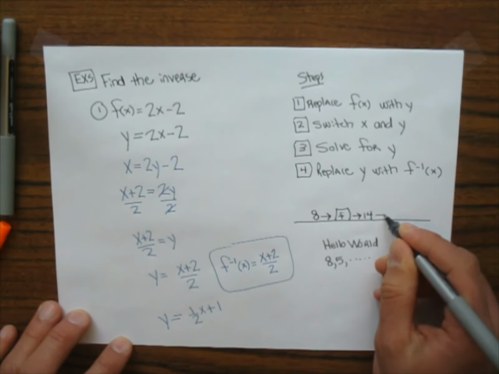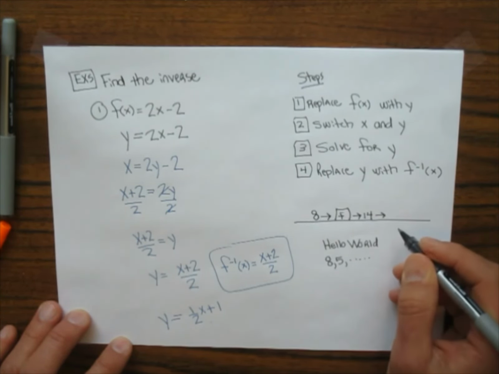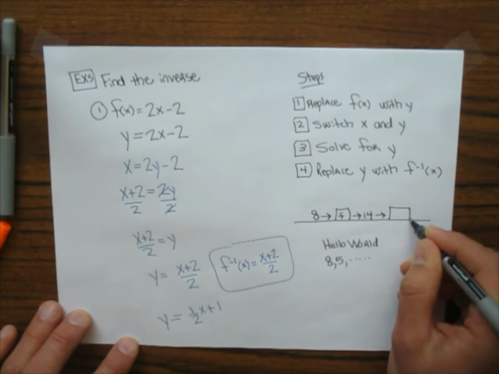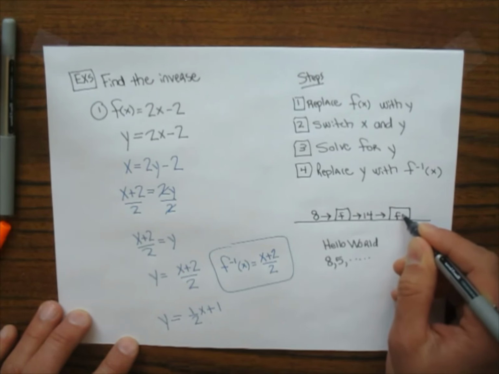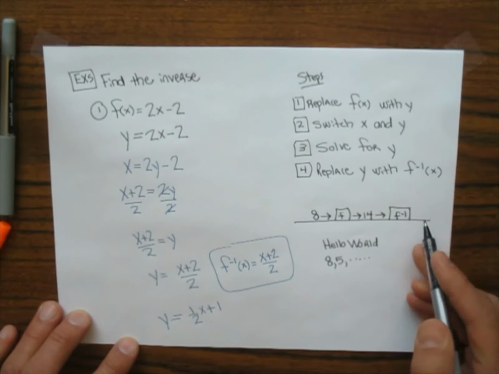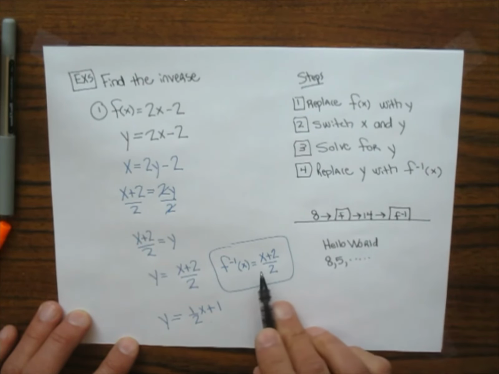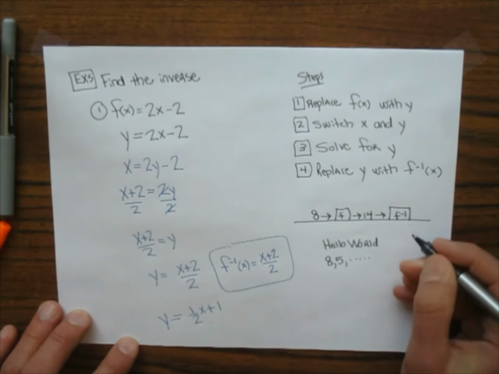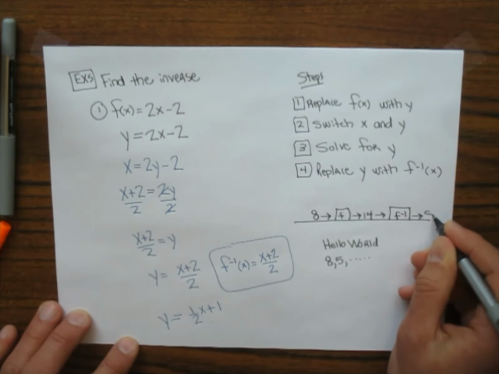Now, as this thing's traveling along, it gets to the other person, your ally across the ocean, and they have the inverse machine, the undoing machine, the decryption. And when they put 14 into here, look what we have. 14 plus 2, 16, 16 divided by 2 is 8.